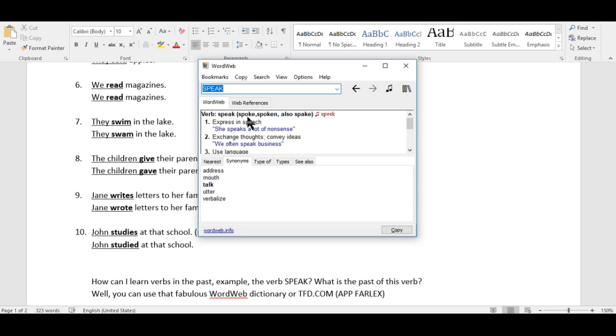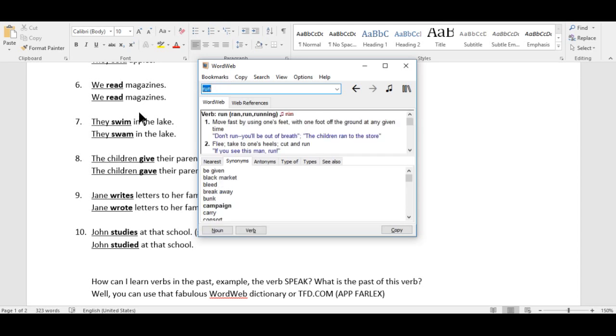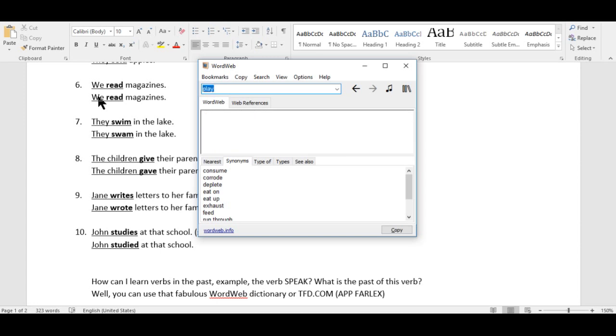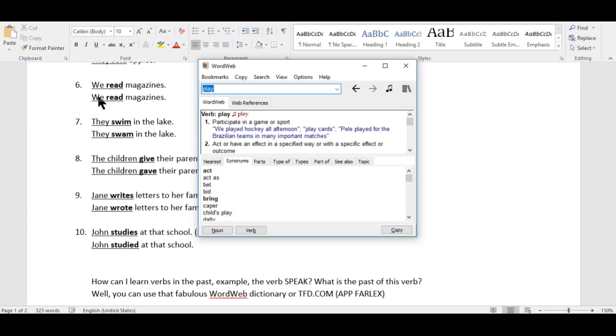Speak, spoke. Write, wrote. Run, ran. Eat, ate. It's mostly for irregular verbs.